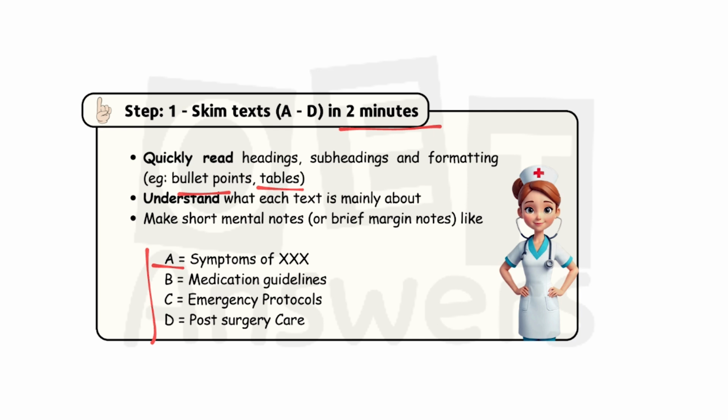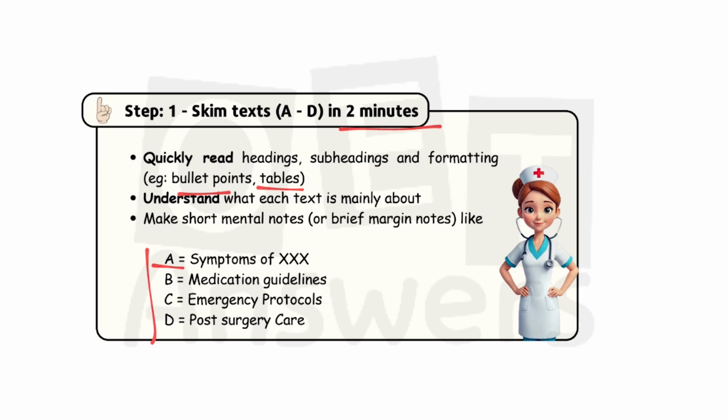Then when you move to text B, this is about medication guidelines. Text C includes emergency protocols, and text D is about post-surgery care. This whole thing you should do when you do your skimming. Once again, you need to read the subheadings, headings, bullet points, tables, algorithms, and these very highlighted statements.